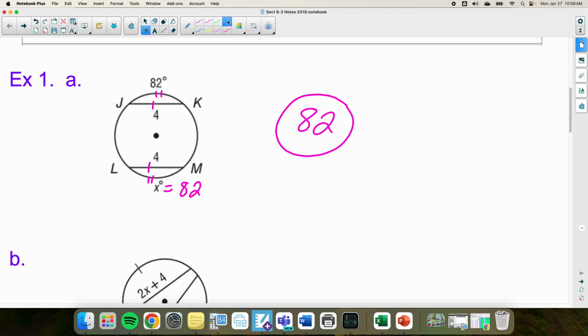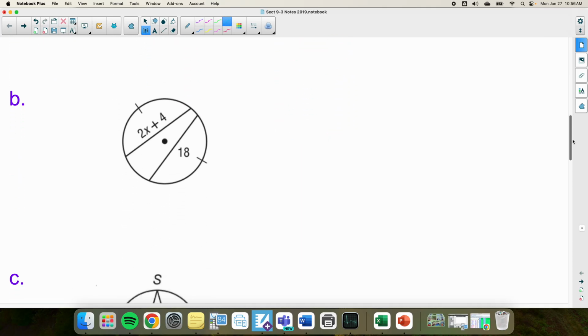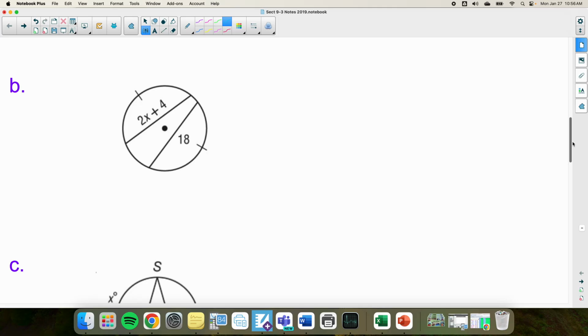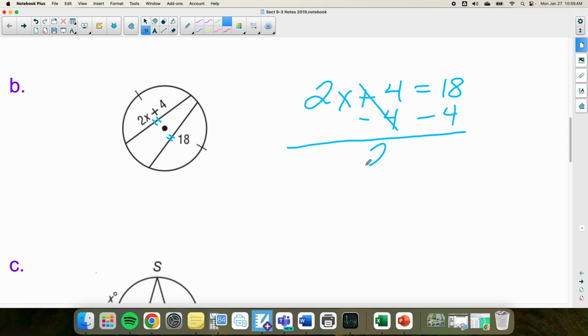Then, if I look at B, notice here my minor arcs are equal, so that would make the chords equal. So I would just go 2x plus 4 equals 18. And then I would get 2x equals 14, divide by 2, and x is 7.